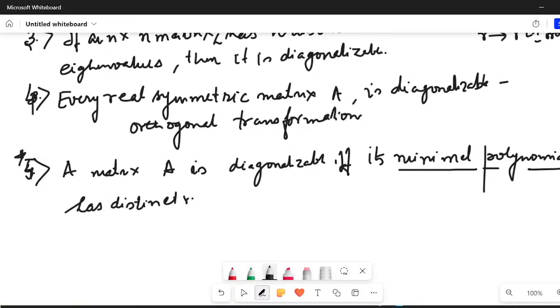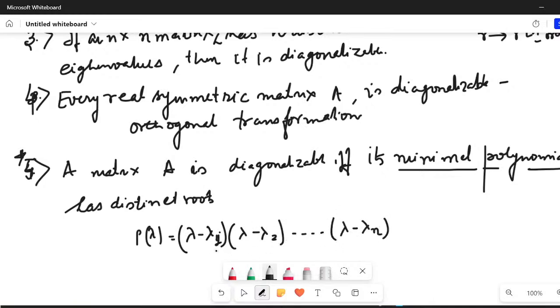By which I mean that if I write my minimal polynomial, I can represent it as a product of linear factors. If I can write my minimal polynomial as a product of linear factors, then I can say that my matrix A is diagonalizable.